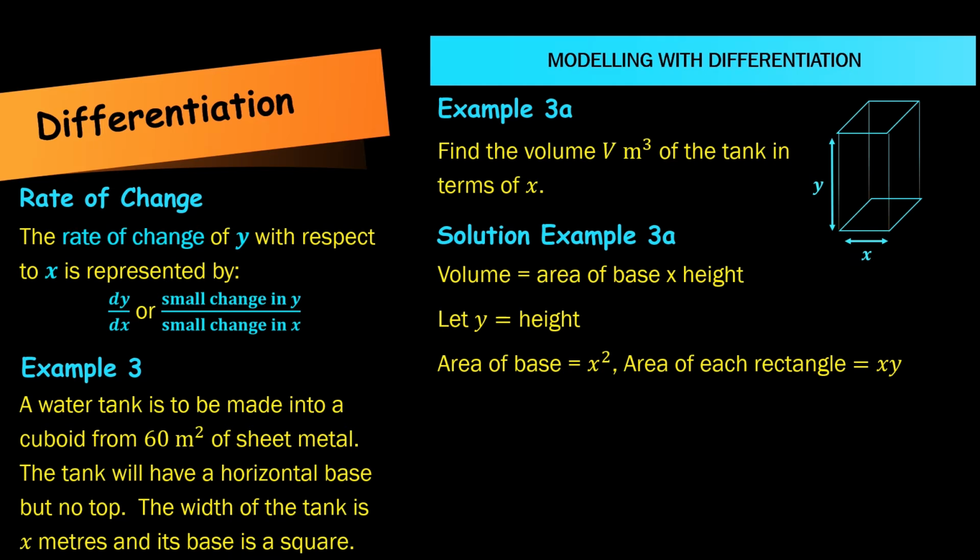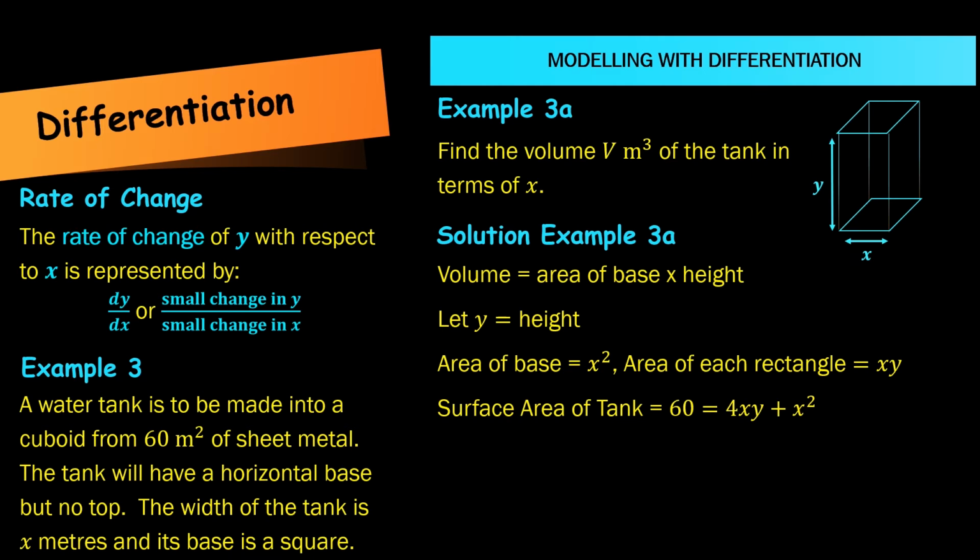And the area of each rectangle equals x times y. Here, here, here, and here. Now the surface area of the tank is equal to 60 meters squared. This is part of the question.